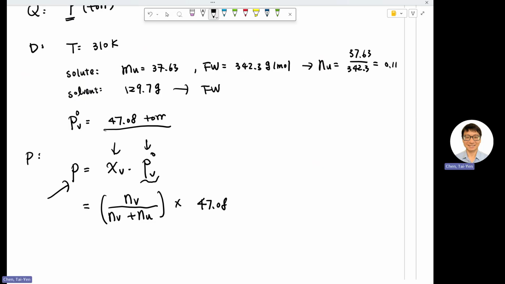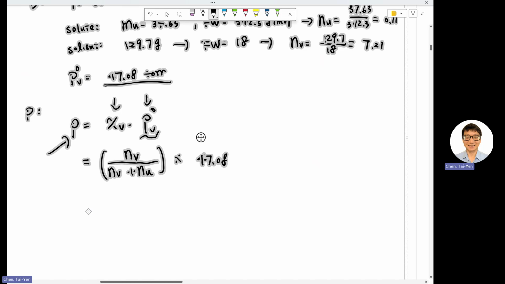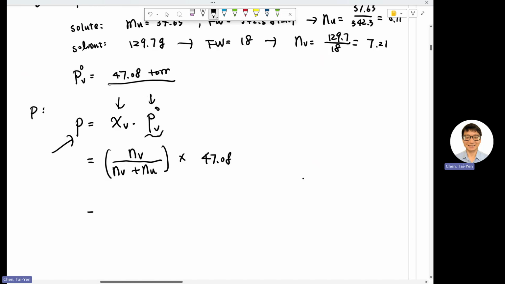The formula weight of your solvent, water, H2O, you should be able to calculate: it is 18. So the moles of your solvent will be 129.7 divided by 18, and you get 7.21.